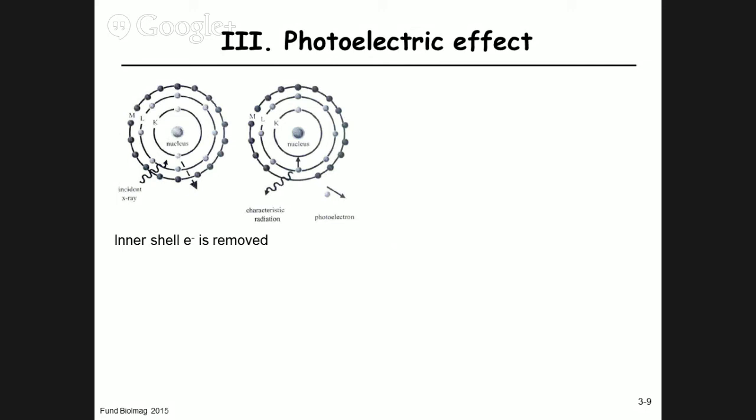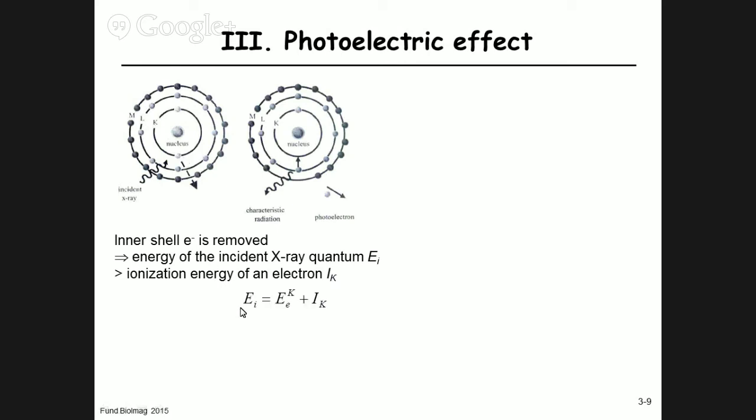Now this creates a vacancy, the atom is in an excited state, and an outer shell electron will fall into the inner shell, and while it does that, it will emit characteristic X-rays or characteristic radiation. In order to have the effect, the energy of the incident X-ray h nu must be bigger than the ionization energy of the electron in a particular shell, and we typically consider primarily K-shell electrons.